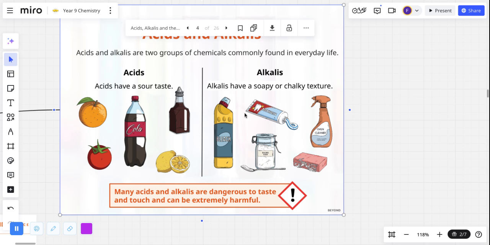So we categorize them as acids and alkalis. So you have this kind of key stage 3-ish definition of an alkali. There's nothing wrong with it. They turn around and say acids have a sour taste. Yeah, they do. We know it's like when we chew into a lemon or vinegar. Alkalis have a soapy texture. Don't eat them. Yes, you brush your teeth with toothpaste, but don't eat bleach.